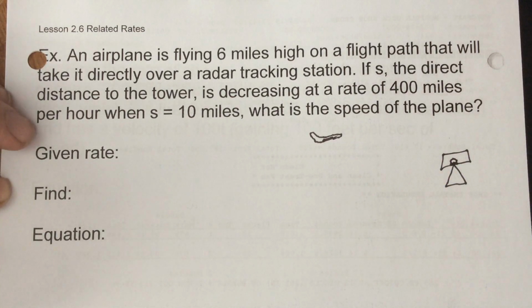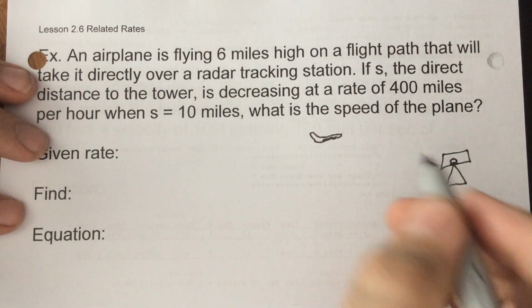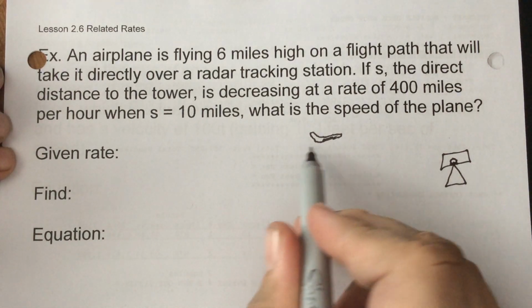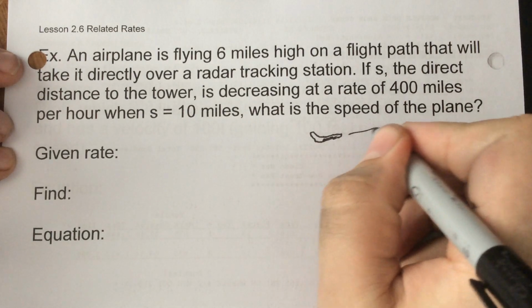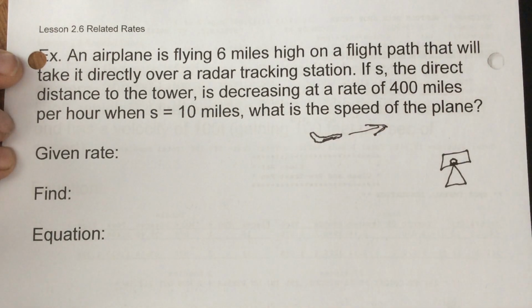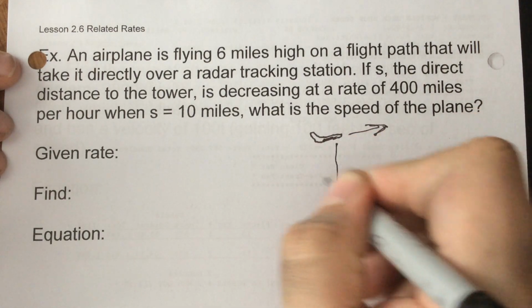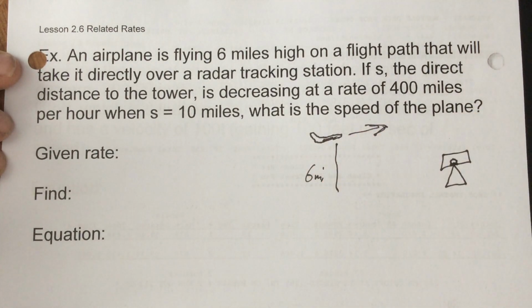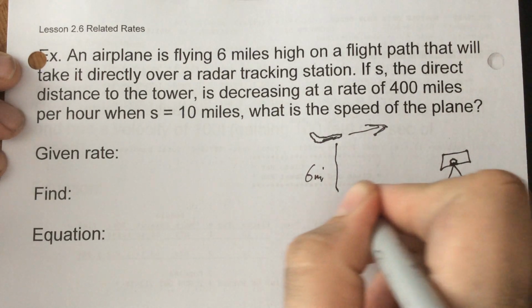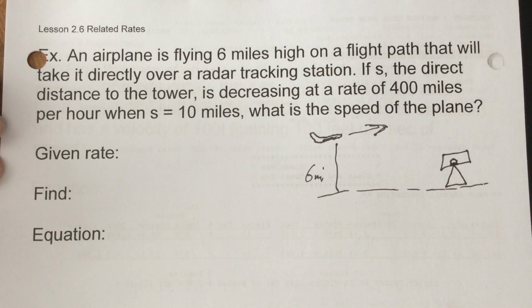What really are we dealing with here? Well, we want to know what's the speed of our plane. So we want to know how fast is this plane going this way. If we know that it's 6 miles in the air, if this is our level ground, and we know that s is the distance to the tower, so s is this down here.